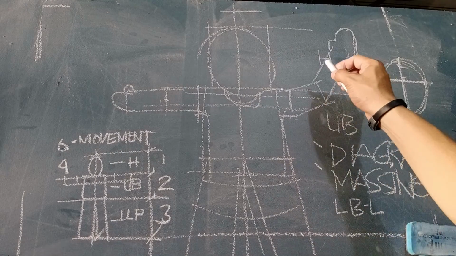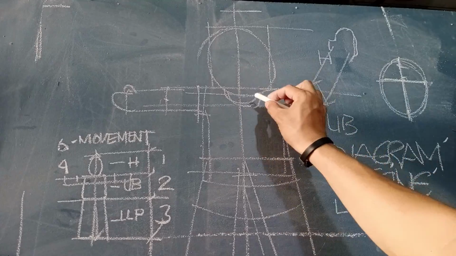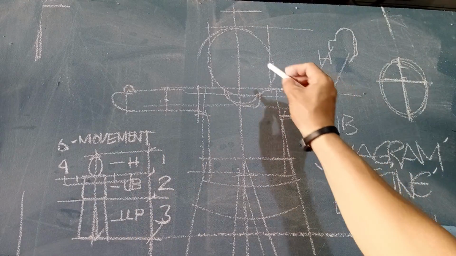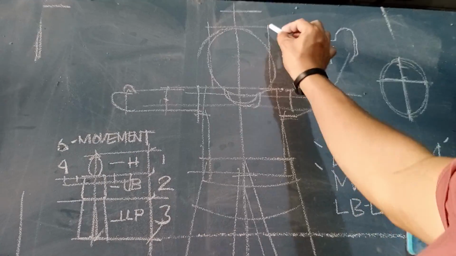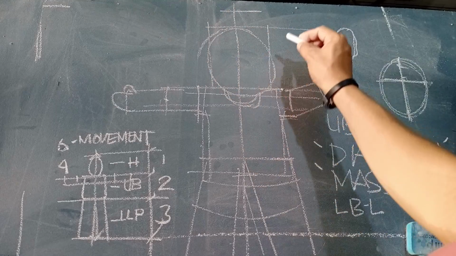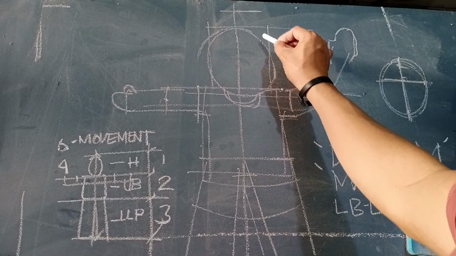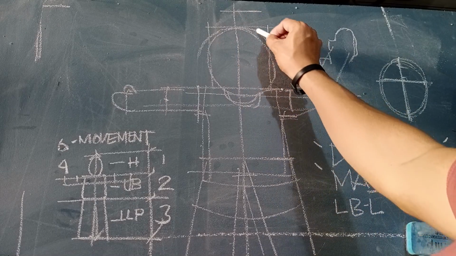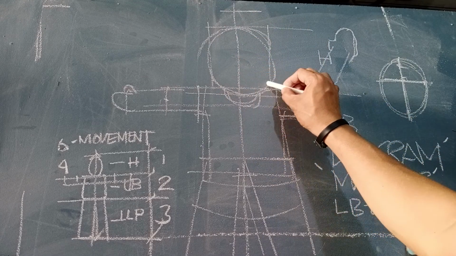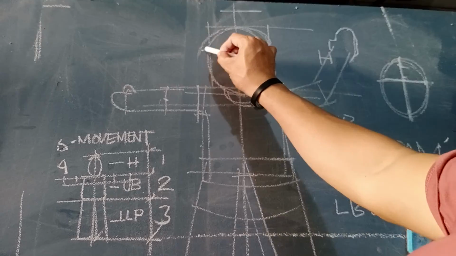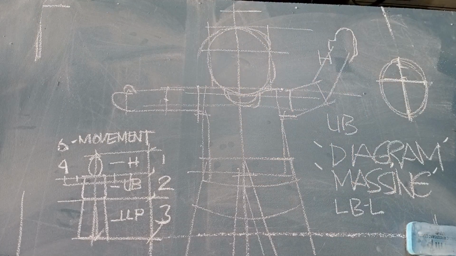So the first part is the head. Let's focus on our head. As you can see, the shape of a head is a combination of a rectangle and a semi-oval or oblong. So we put another cross there.